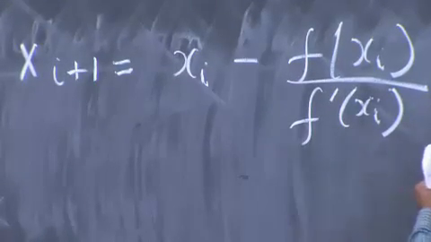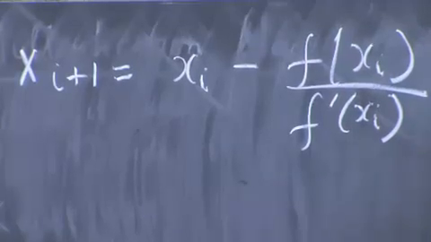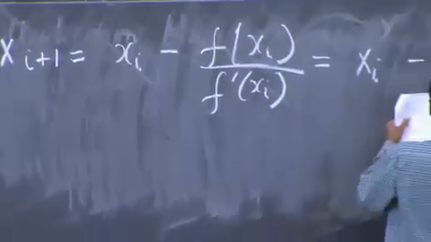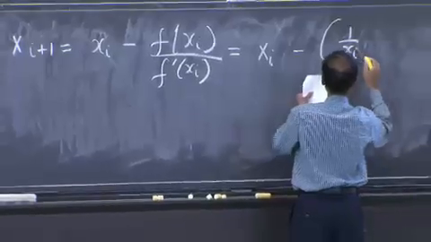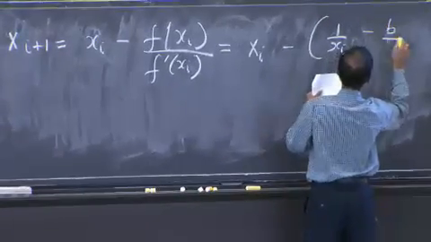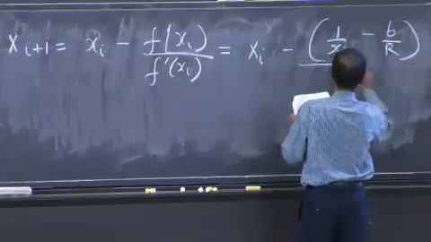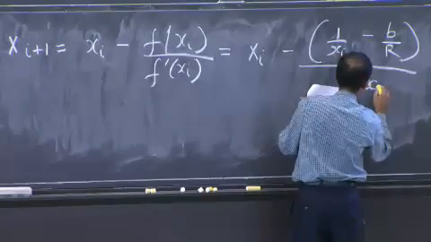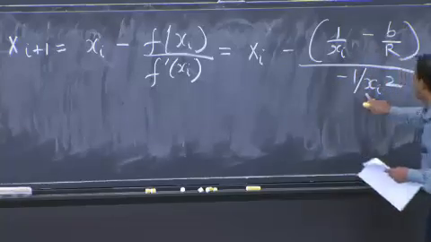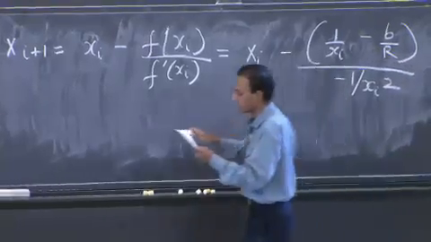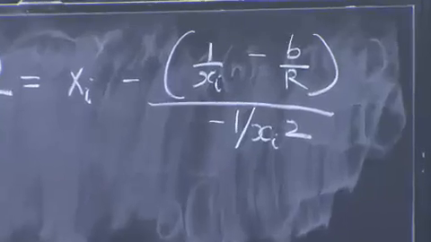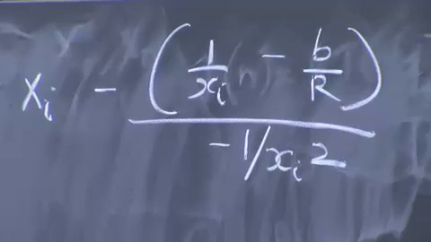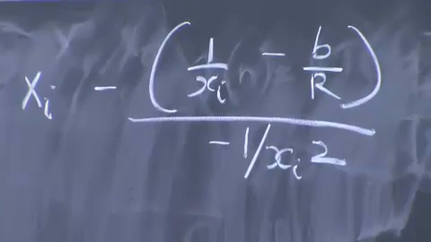And it is worth plugging in the various values here. 1 divided by xi minus b divided by r. That's f of x on top, divided by minus 1 divided by xi squared. Right? So that's the derivative over here. So all I'm doing is plugging things in, but you want to visualize this because this is really what we need to compute.